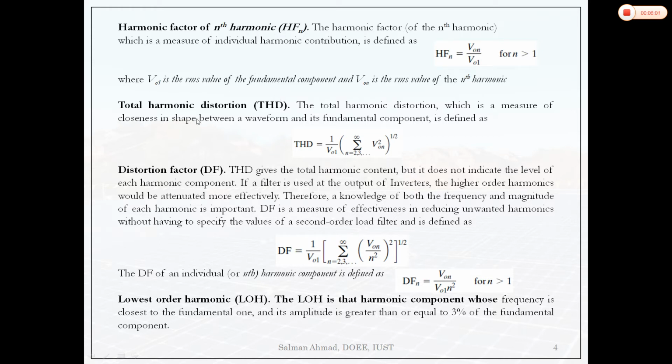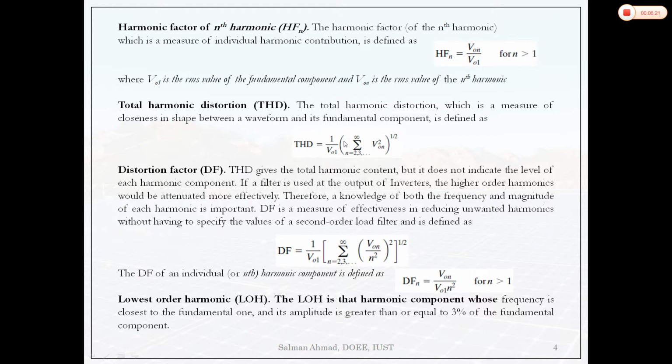Similarly, we have another factor. This is a very important term, that is total harmonic distortion. In an inverter, the output performance is compared with the help of the total harmonic distortion. The total harmonic distortion is a measure of closeness in shape between a waveform and its fundamental component.